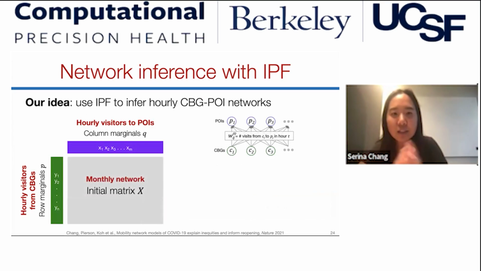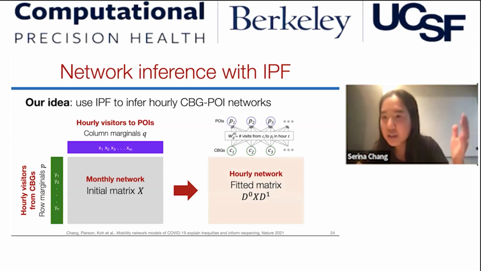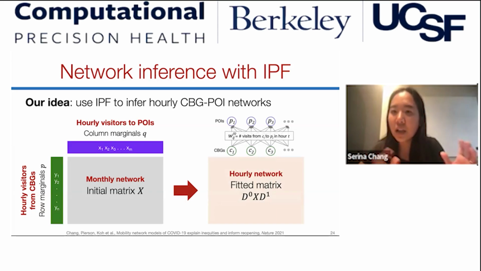And then the initial matrix becomes the monthly network that was also given to us by SafeGraph. So if we apply IPF to infer hourly CBG POI networks, what we're really doing is learning a new fitted matrix that satisfies the data that we have on hourly visitors, but otherwise remains as similar as possible to the monthly network in terms of minimizing KL divergence to that monthly network.